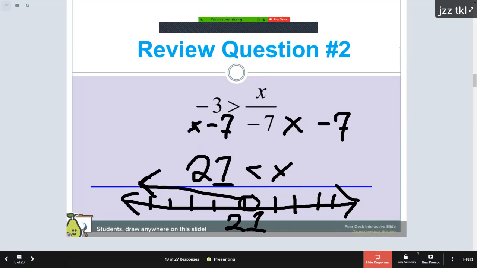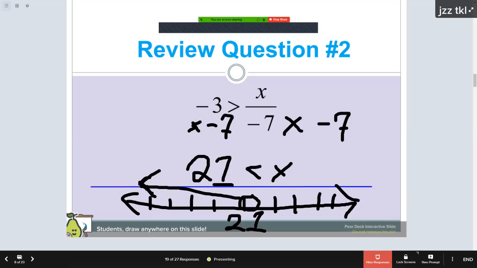Yeah, so negative 3 times negative 7 should be 21 instead of 27. Oh, that's a 1. Oh, I see it now. I'm so sorry. To me, it looked like a 7. And then I realized down here, this looks more like a 1 and they're similar. No, don't be sorry. Thank you for saying something.